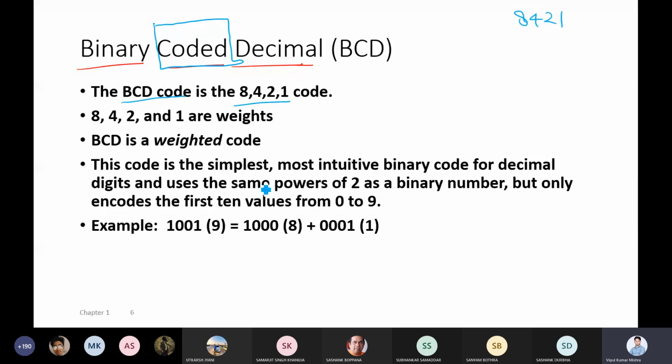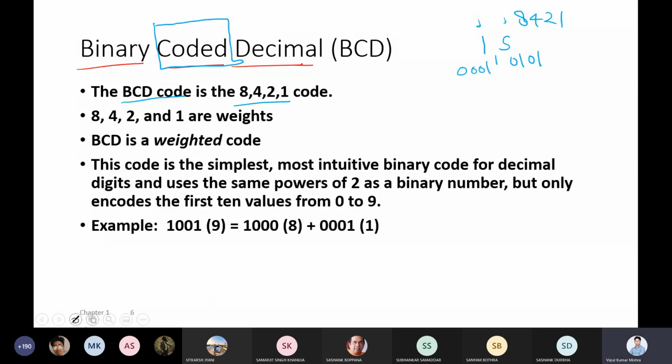So the representation of this number is like, suppose I have the number 15. How to represent this 15 in binary? There is a fixed value for every digit. You will have a 4-bit value. So for 5, what will be the 4-bit? 0 1 0 1. Right? For 1, it will be 0 0 0 1.